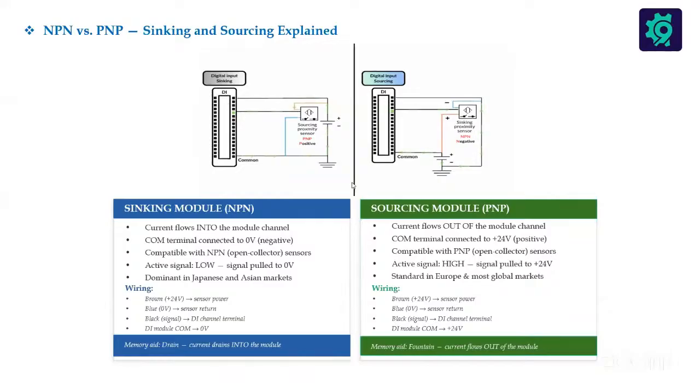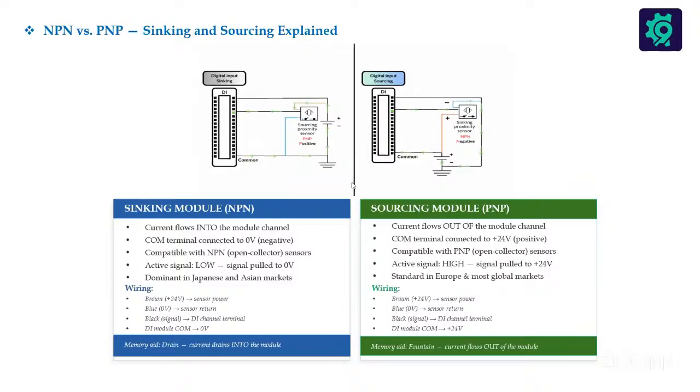For the other end, where you have the digital input sourcing, the PLC is giving the signal, it is flowing out of the PLC, which means the input is sinking into the PLC.